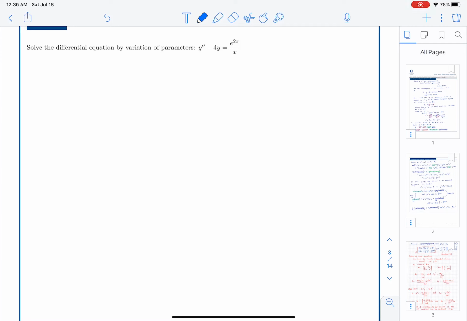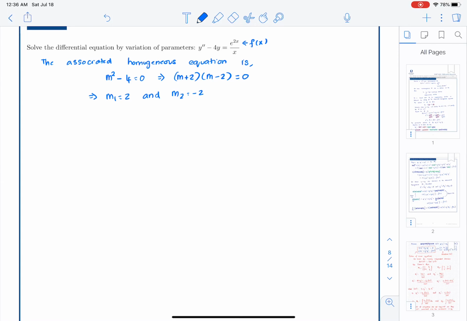So here we have a second order DE, non-homogeneous, that is f of x. The associated homogeneous equation is m squared minus 4 equals 0, which would imply m plus 2 times m minus 2 equals 0, which would imply m1 is 2 and m2 is minus 2.